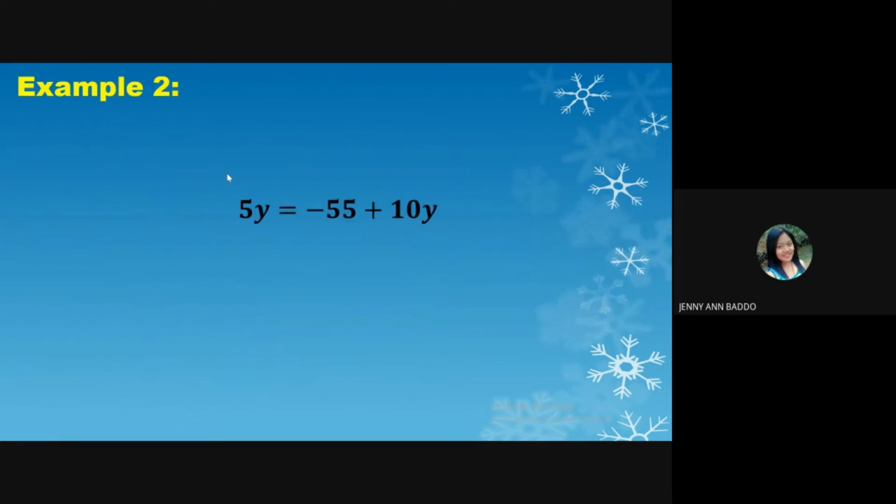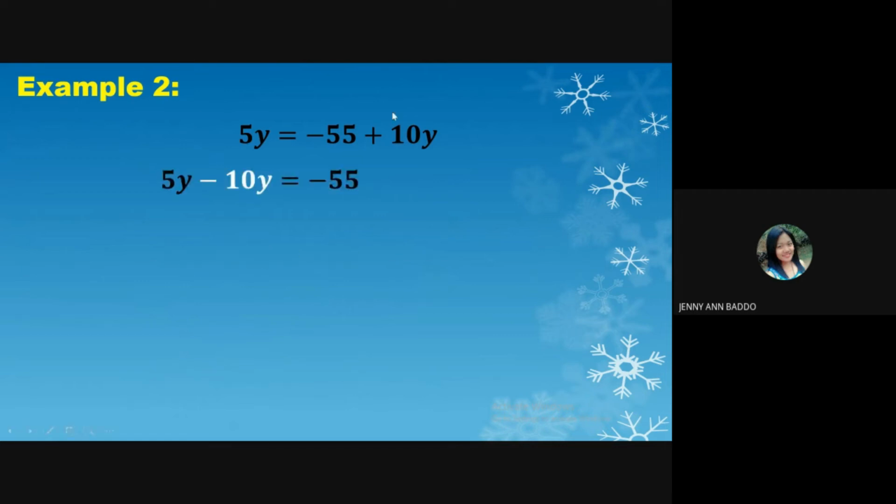Next example, we have 5y equals negative 55 plus 10y. So in here, what we're going to transpose is positive 10y. So we have from positive 10y to the left side, we now have negative 10y. 5y minus 10y, that's negative 5y equals negative 55.